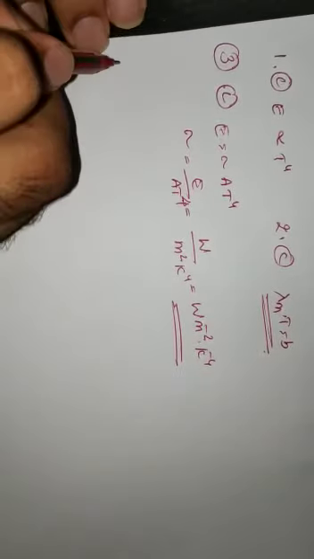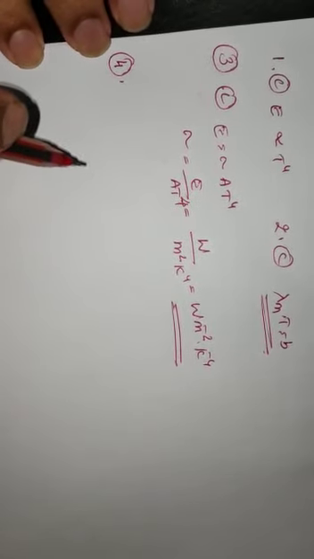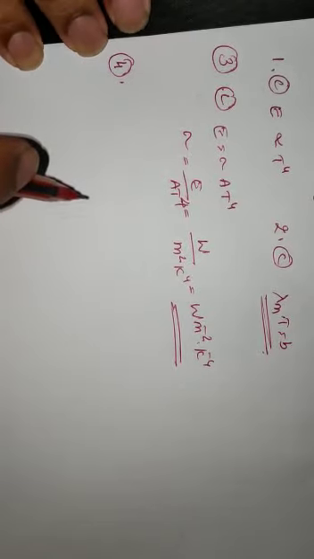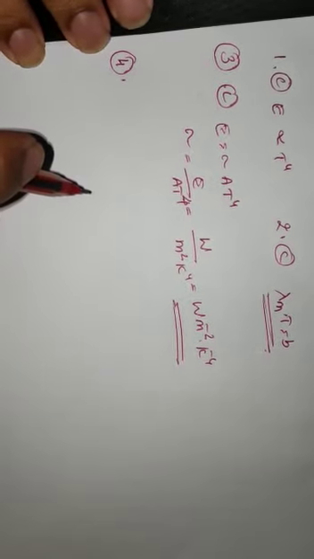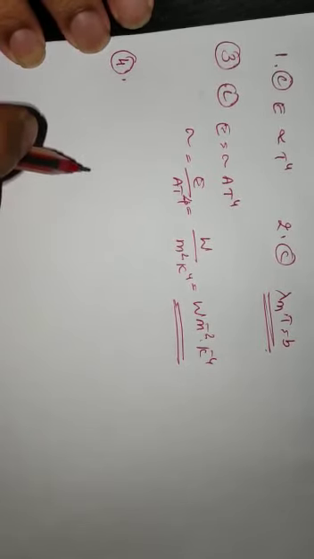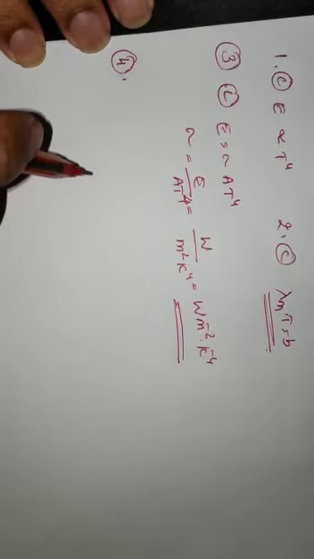Fourth question. The sprinkling of water reduces slightly the temperature of a closed room because temperature of water is less than that of room, specific heat of water is high, water has large latent heat, or water is a bad conductor of heat.